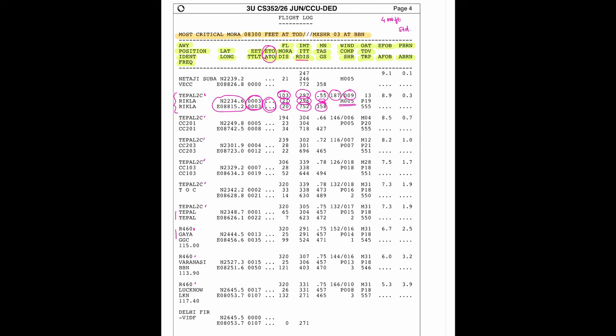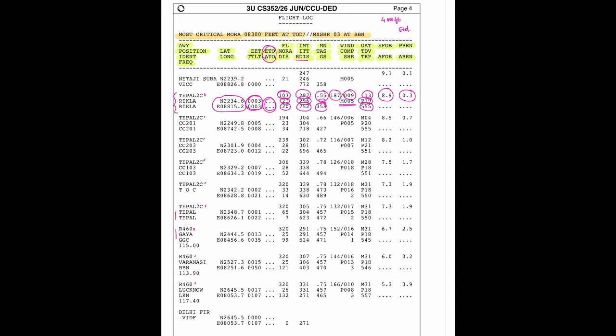Outside air temperature will be 13 degrees, and the TDV, which is the temperature deviation, will be plus 90. This is the ISA deviation, and the TRP, which is the tropopause height, will be 55,500 feet. Estimated fuel on board is 8.9 tons. And the same thing, approximately the planned fuel burn is 0.3 kgs per hour.